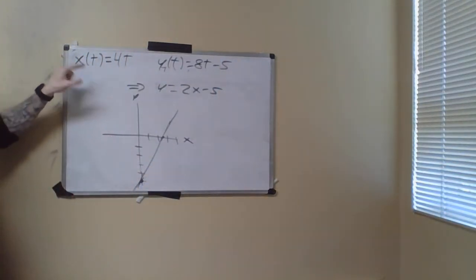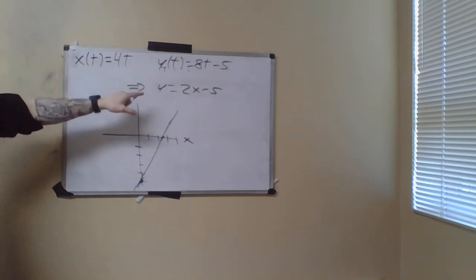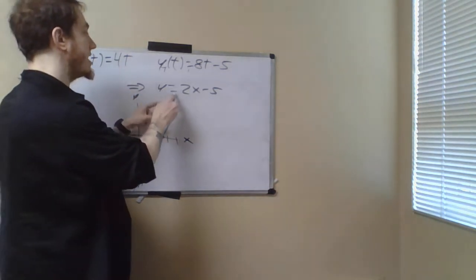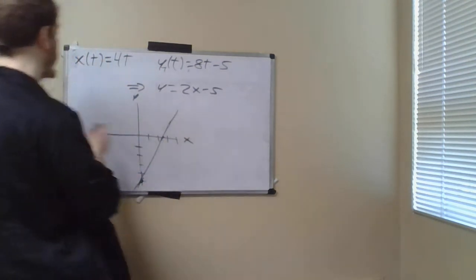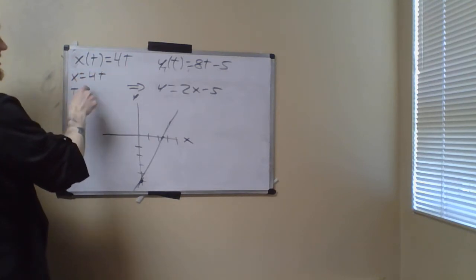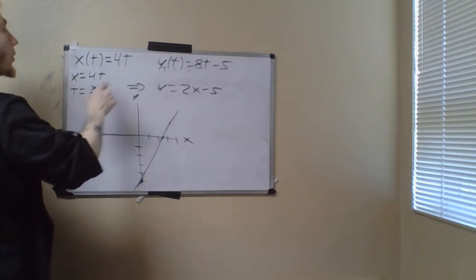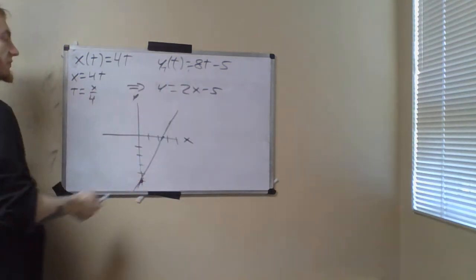Well, it shouldn't take much work here to see that these two quantities will still always obey this relationship, y equals 2x minus 5. Because in this case, x equals 4t, that means t is equal to x over 4. If you plug in x over 4 for t, you get 2x minus 5.